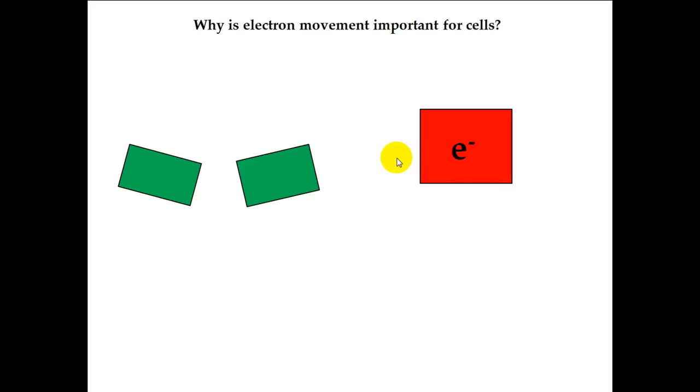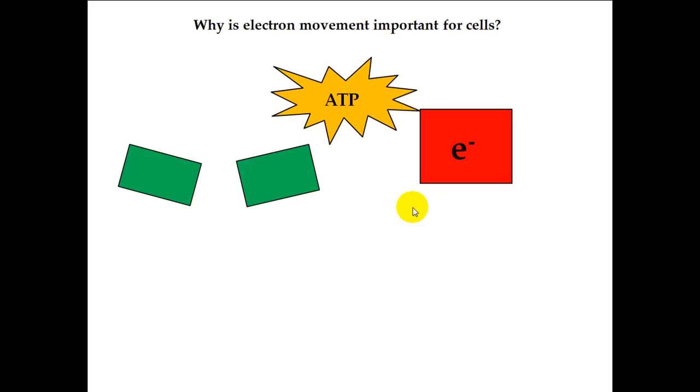Whenever an electron moves, or anything that moves, that represents kinetic energy, and it turns out that cells can harness that kinetic energy and use it to make something else that has a lot of energy, which is ATP. So again, the importance of having access to molecules that make electrons move is that it's the movement of the electron that generates most of the ATP inside of cells.